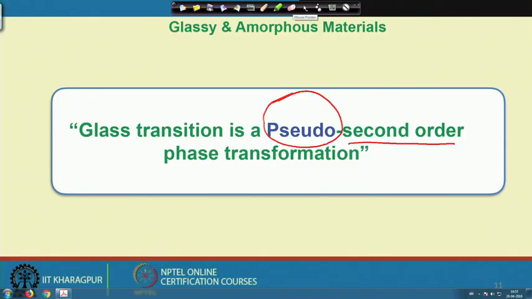So, we understood so far that glass transition is definitely a phase transition process, and it is not at all a frozen liquid, or simply an amorphous structure that arises due to a frozen liquid structure. The idea that the structure of a liquid is the same as the structure of a glass is completely wrong.